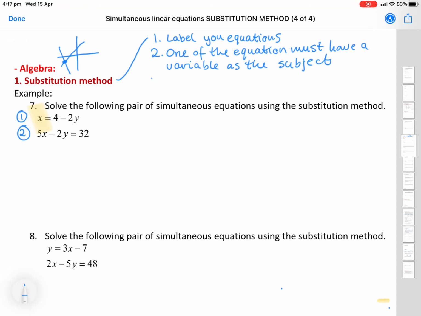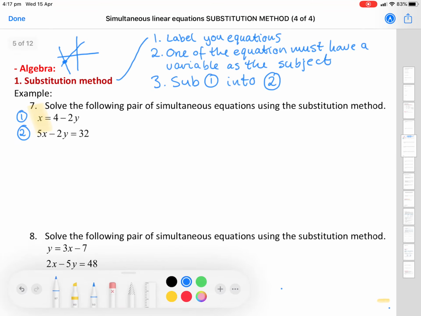And so step 3, you will sub your first equation into the second equation. The substitution method means we're substituting. So x equals 4 minus 2y.